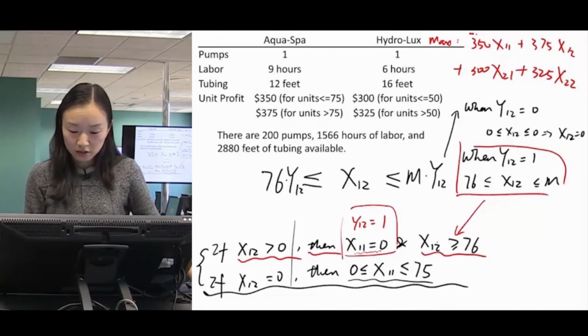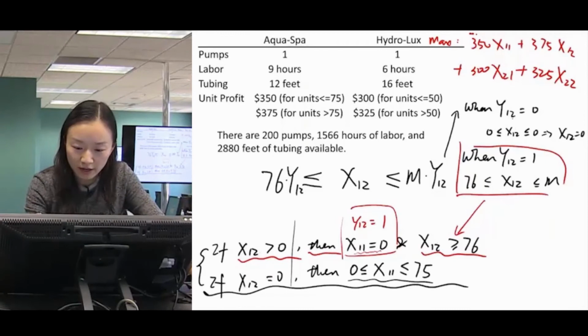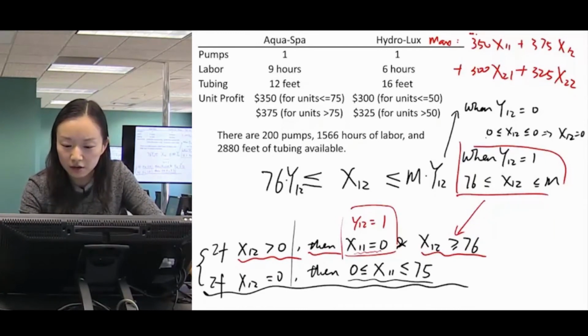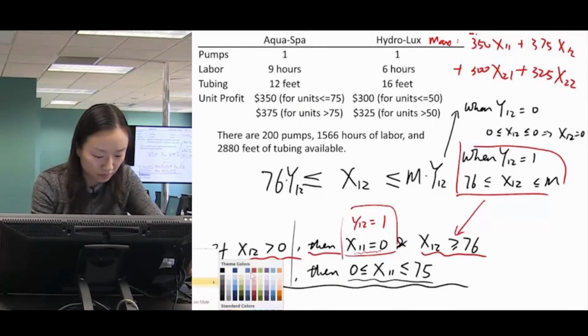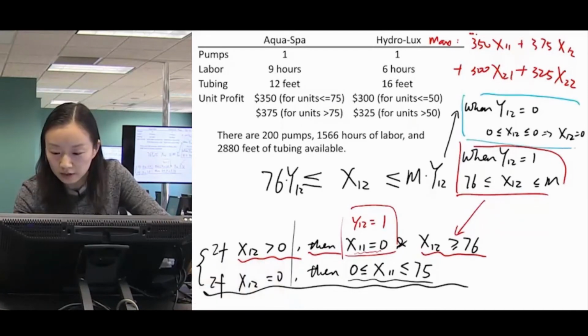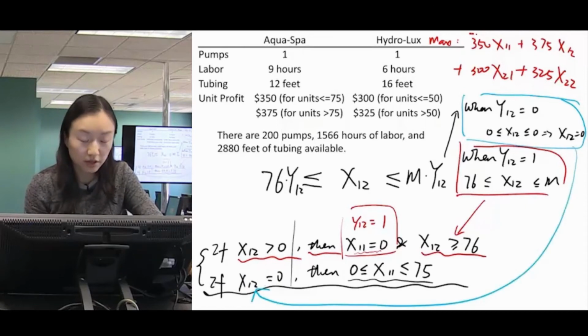Then let's look at the other part. So when x12 is greater than 0, which is this part, then here, another part, let me use a different color. We get that when y is 0, x12 is equal to 0, which is here.